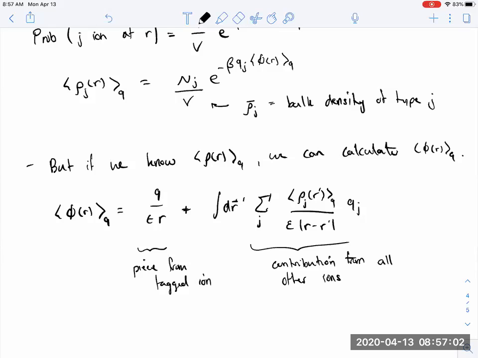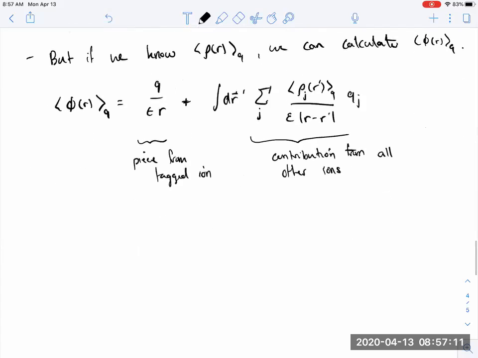Now we have an explicit equation for rho of J up here. So we could put this another way. The potential at R due to a charge at Q has that direct piece, plus the contributions from all the other charges.